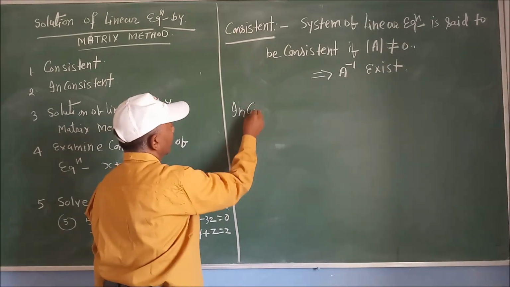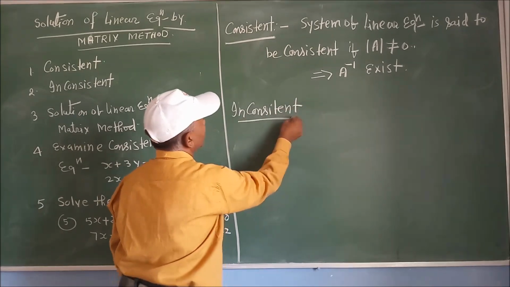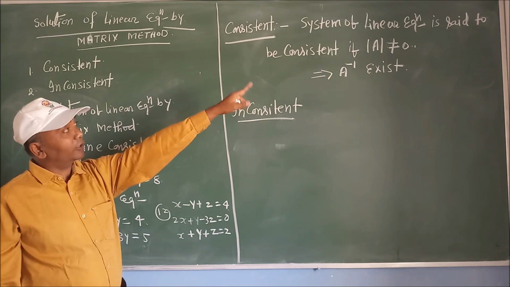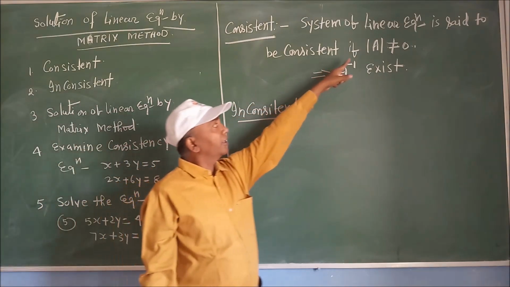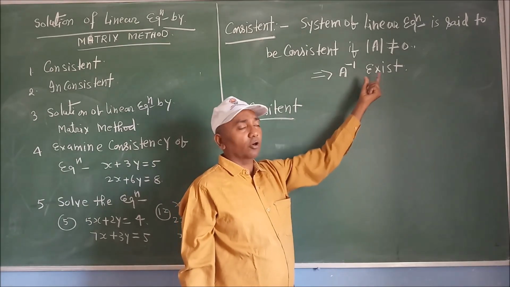Inconsistent is just the opposite. In a similar way, we can write: a system of linear equations is said to be inconsistent if determinant of A is equal to 0. And here A inverse does not exist.